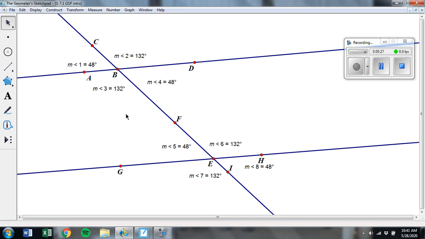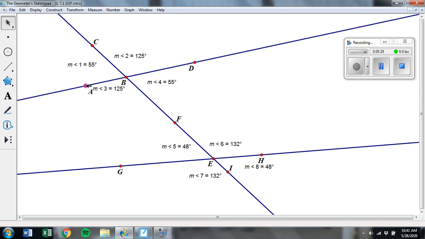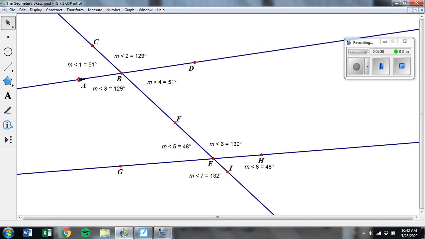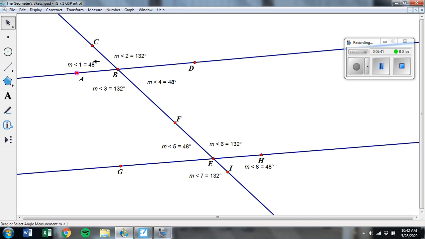They're exactly the same down here. When these lines are not parallel, you can still call them corresponding. So 1 and 5 are still corresponding. But as soon as I make these lines parallel, now these corresponding angles are congruent, or equal measure.